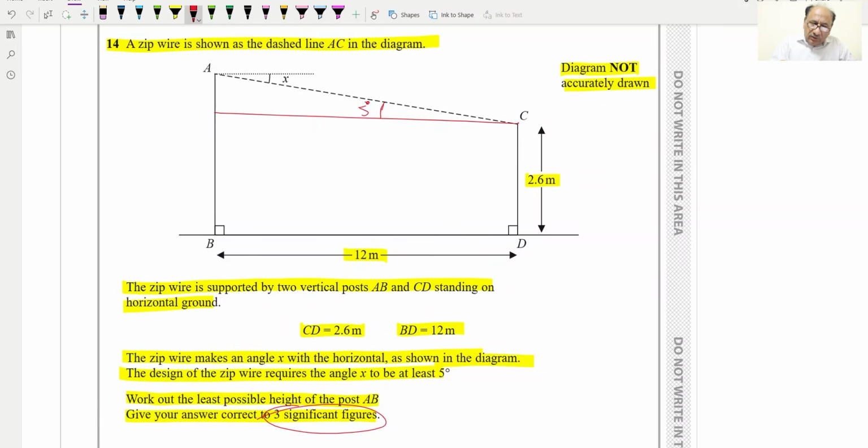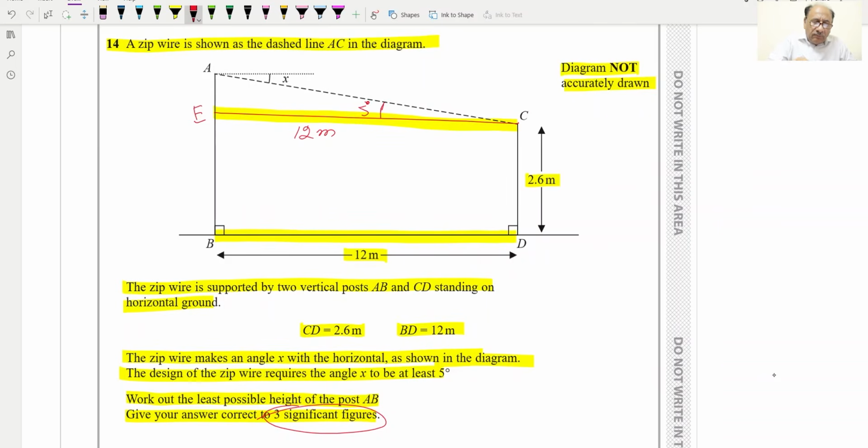Now we can figure out this length. BD length is the same as, if we take this point as E, EC length. So these two lengths are the same, so this side we will take as 12 meters.